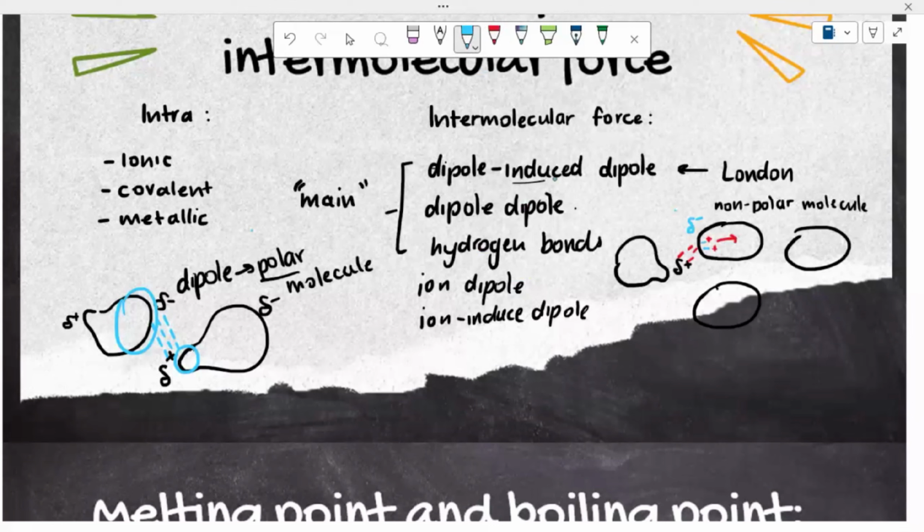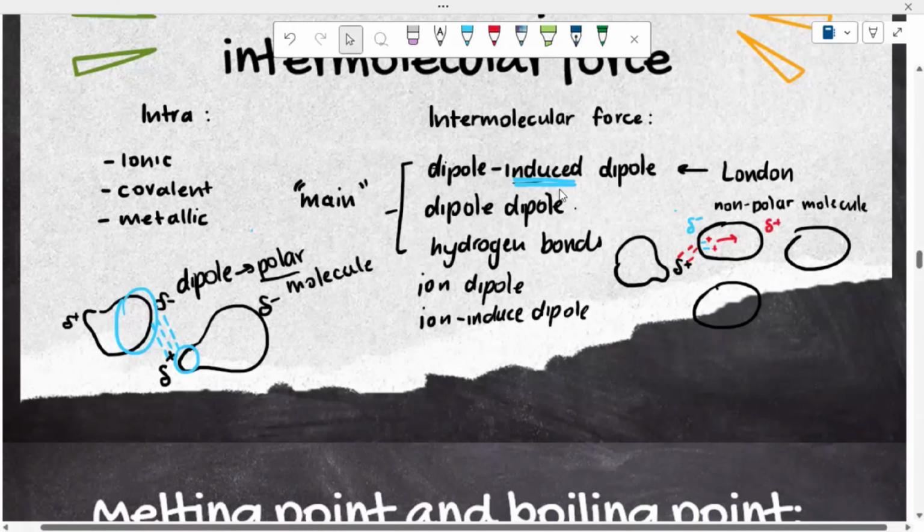So this is the idea of induced. Induced means that something else is forcing it or making it happen. These are non-polar, but because of this dipole that happens to be here, there's a slight shift in the charges, which naturally will cause this to become slightly polar. Not insanely polar like here, where we have this very distinctive difference of charges.